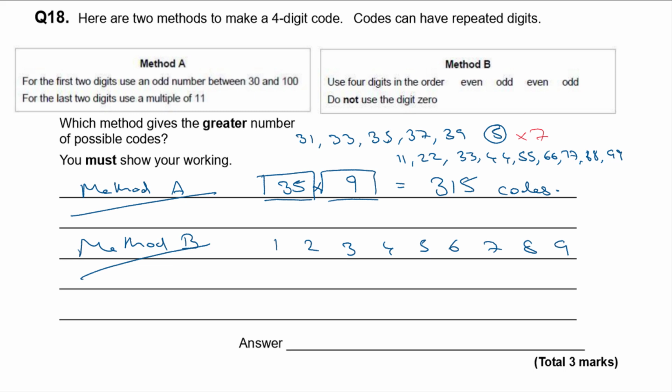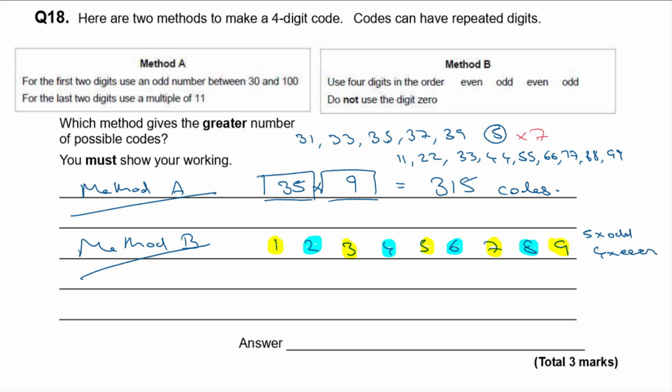Can't use 0. So the odd numbers, there are 5 of those, and even numbers, 4 of those. So I got 4 even and 5 odds.